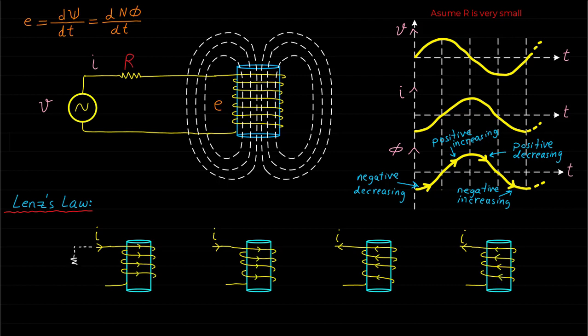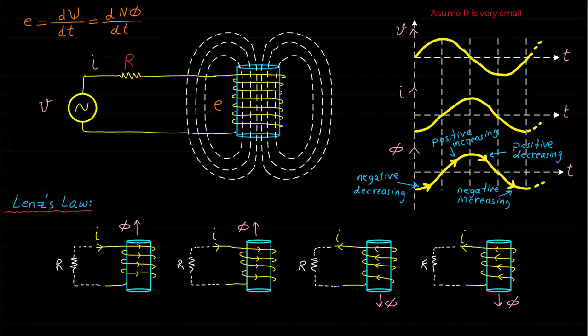The first step is to hypothetically close the coil circuit through a resistance. Now, based on the main current I, determine the polarity of the magnetic field lines phi using the right-hand rule.